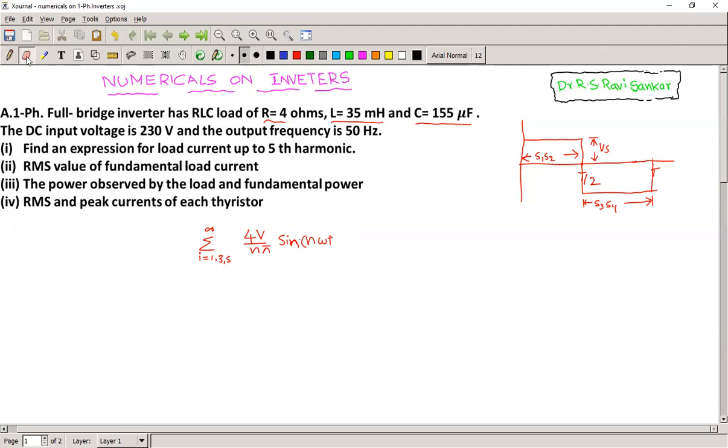This is the expression for the Fourier series of the output voltage. The output voltage consists of odd harmonics 1, 3, 5, 7 up to infinity.